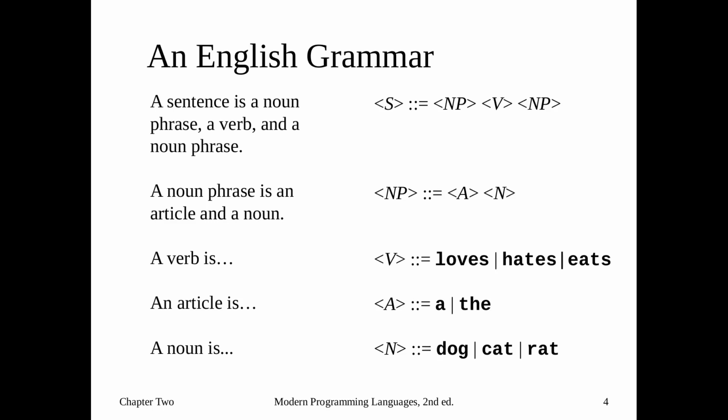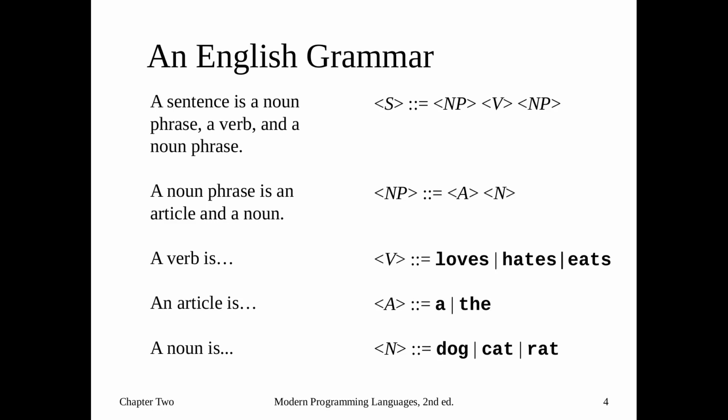So in this case, in a very simplified version of English, a sentence is simply a noun phrase, a verb, and another noun phrase strung together. That's what this rule that you see is saying, where the S in angle brackets is the sentence rule, and it's composed of the NP, V, and NP rules, which are noun phrase, verb, and noun phrase.